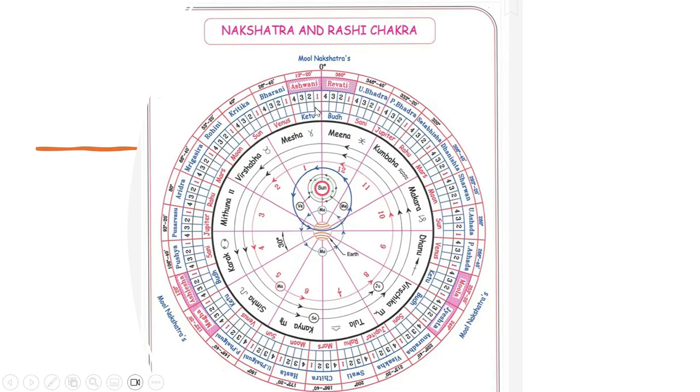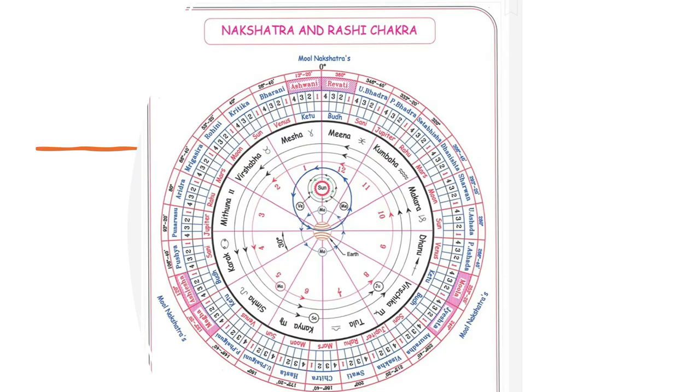Okay, so now if you look at this carefully, Ashwini has 4 padas, Bharani has 4 padas, every nakshatra has 4 padas. So in Mesha, how many padas are there? 4 of Ashwini, 4 of Bharani and 1 of Kritika. So a total of 9 padas can be accommodated in any Rashi, because every Rashi is of 30 degree.